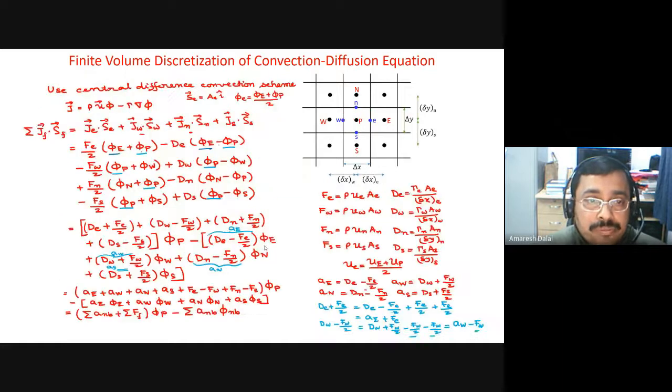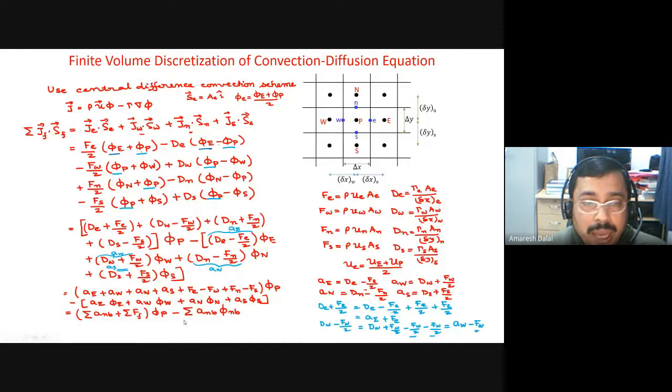So now if you write all these terms, summation of jf dot sf using central difference method, you can see that already we have discretized and we know all these terms, and if you just rearrange these terms, you will get this term.